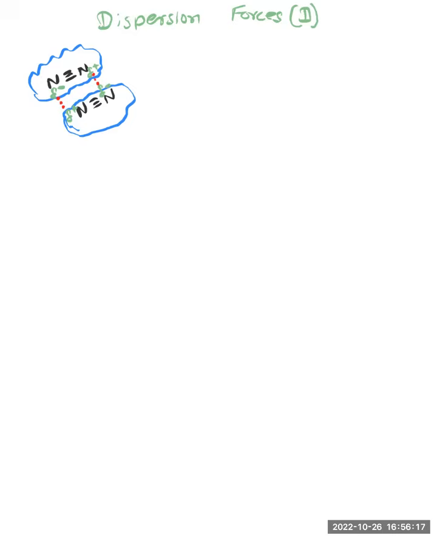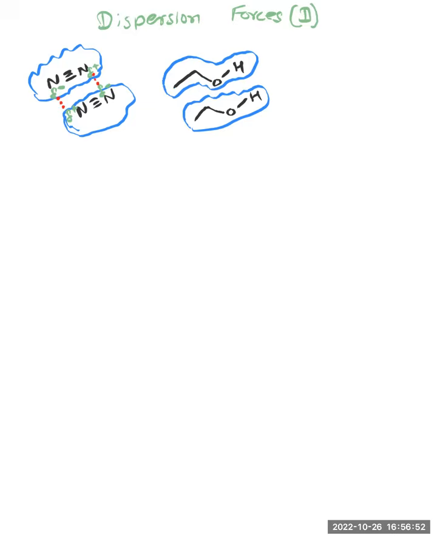For example, if we take ethanol molecules, here's the line structure of ethanol. Even that has an electron cloud. And when two ethanol molecules get closer to each other, that can perturb each other's electron cloud. Let me try to draw this here. Here are the electron clouds of one, and here's the electron cloud of the other one. Just because they get closer to each other, that is enough for their electron clouds to be perturbed.